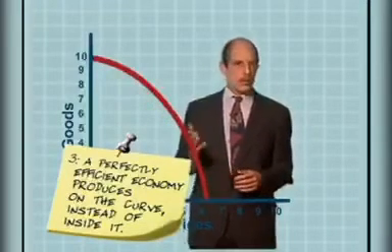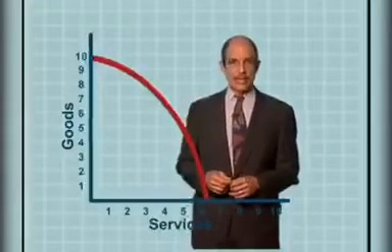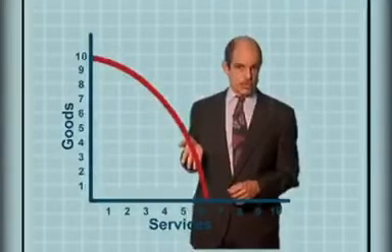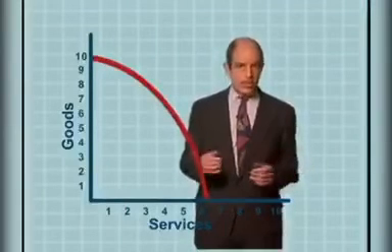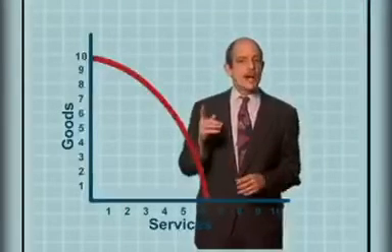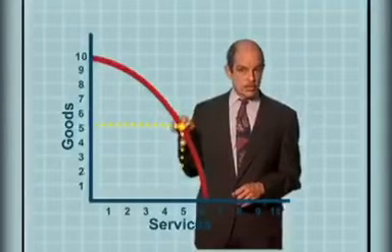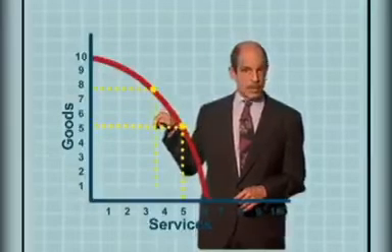imagine that the curve or frontier represents everything the economy can provide. Say every possible good on one axis, every possible service on the other. If it uses the resources efficiently, the best way it can, then it'll be somewhere on the frontier. This much of goods, this much of services, or perhaps this much and this much.